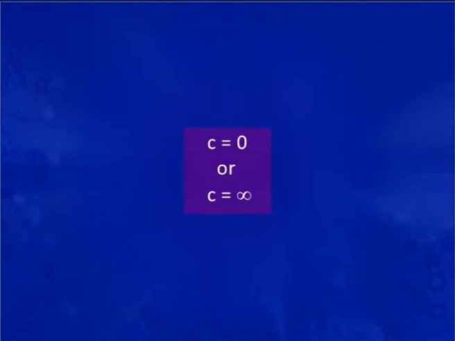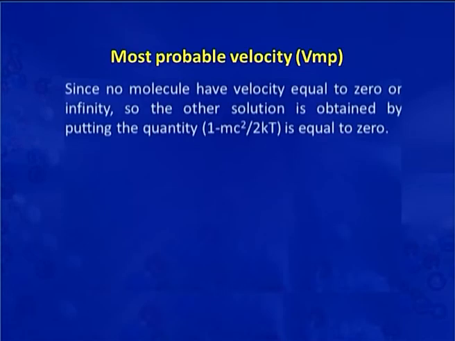The first two possibilities correspond to maxima or minima when c is 0 or c is infinity. These are not possible, since no molecule has velocity equal to 0 or infinity. So the other solution is obtained by putting the quantity 1 − mc²/2kT, that is the third possibility, equal to 0.